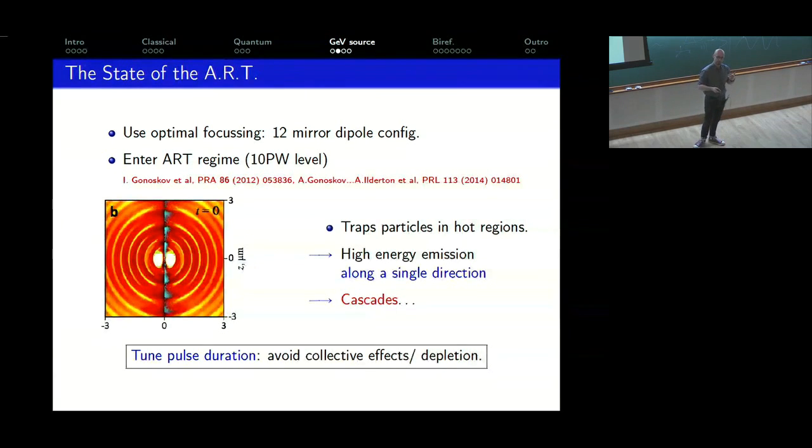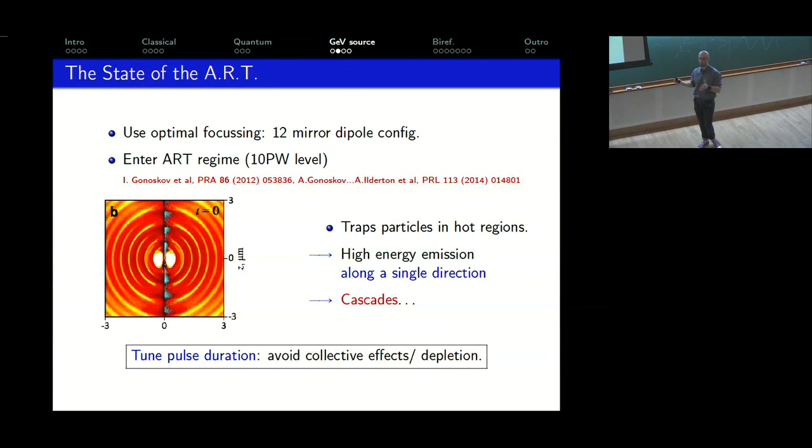Because of the way the particles move in the ART regime, they will essentially radiate in only one direction, in this case along the z-axis. Here, the red and the yellow represent the converging dipole fields, there's the hot spot in the center, and the blue just shows you GeV photons being emitted along the z direction.